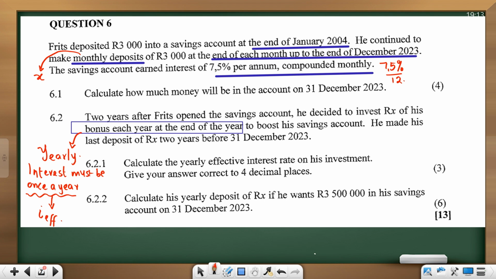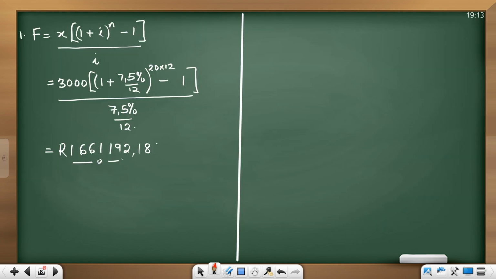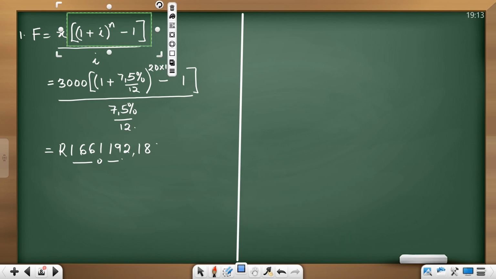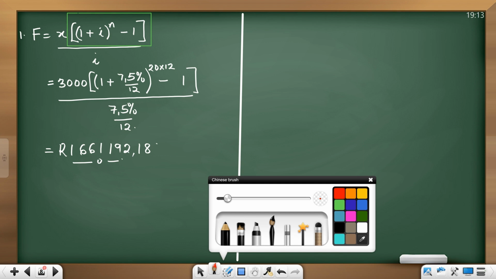So please take note. That's why 6.2.1, do you see? They helped you here. Calculate the yearly effective interest. So we are converting the nominal to effective. How do we convert? I once told you that here is your formula. That's your effective interest.